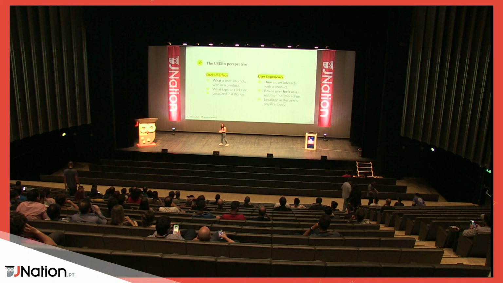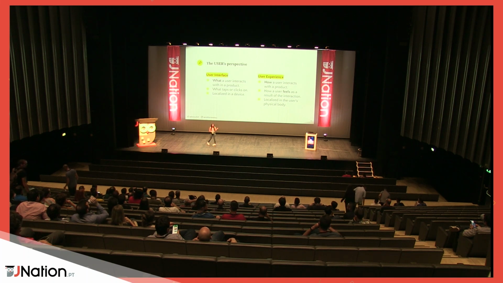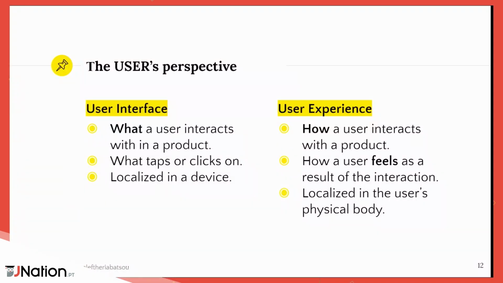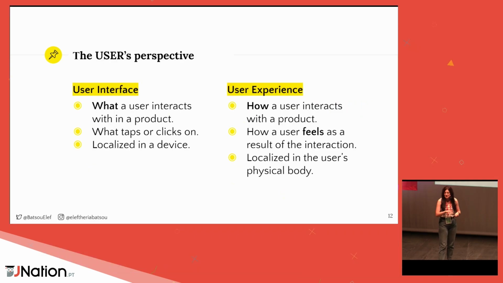So user interface from the perspective of the user is what a user interacts with in a product, what they tap on or click on, and the whole experience is localized in a device. So we have a laptop, maybe a smart watch or something like that.